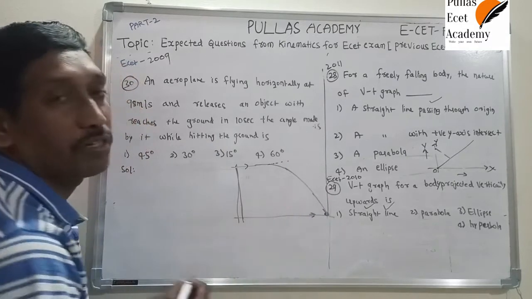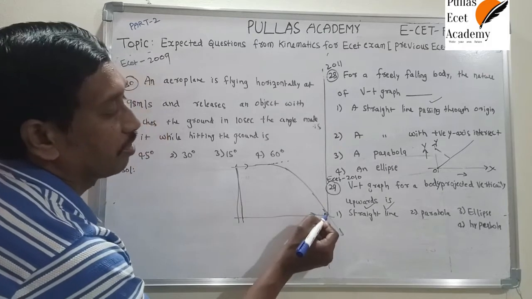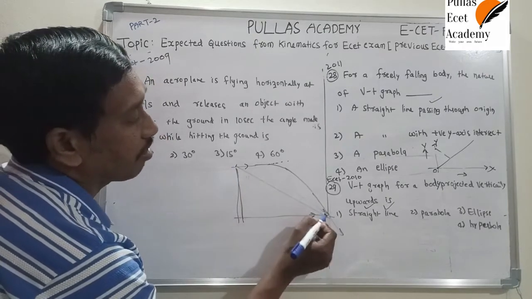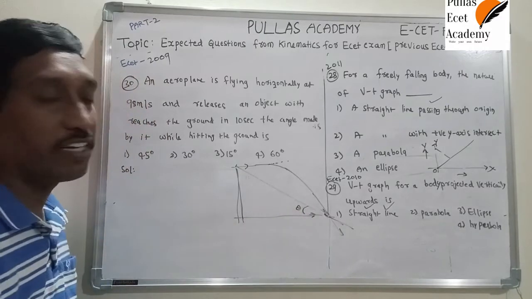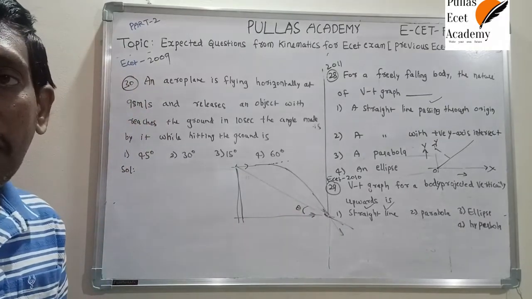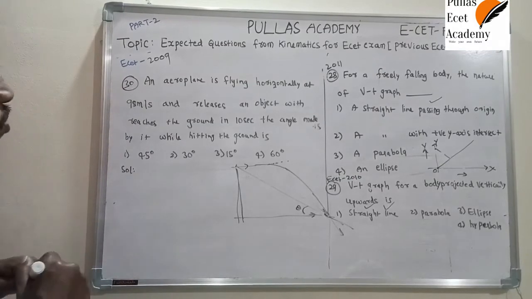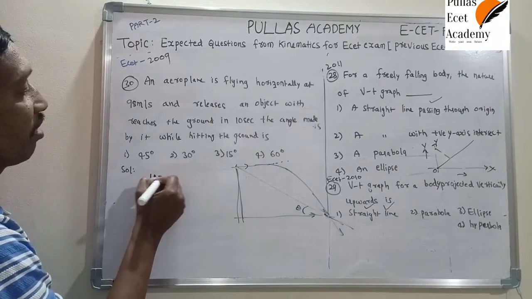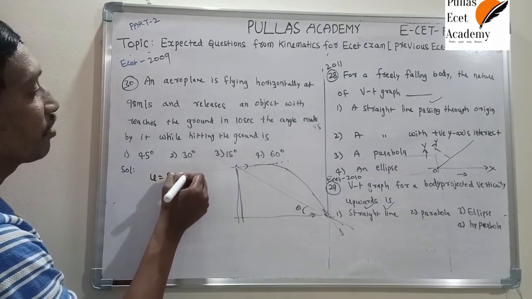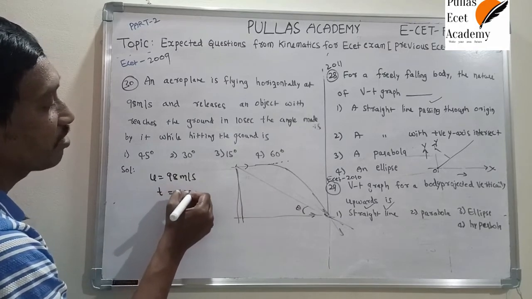Suppose it reaches the ground; this is the velocity there. If you extend this line, it passes in this way. This is considered theta. I already explained this concept clearly. So what are the given values? The projected velocity is 98 meter per second and the time taken is 10 seconds.